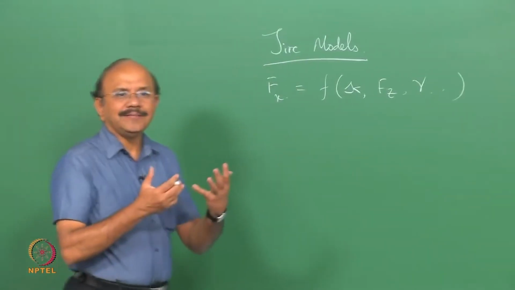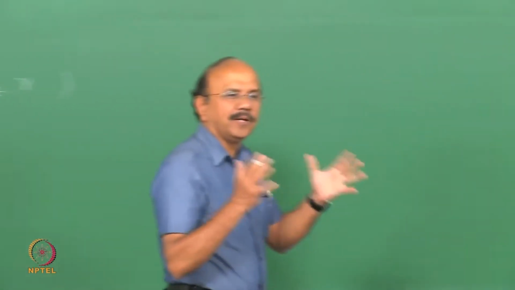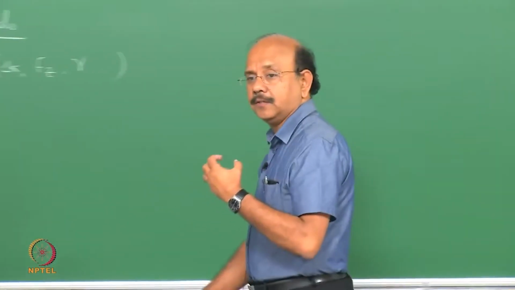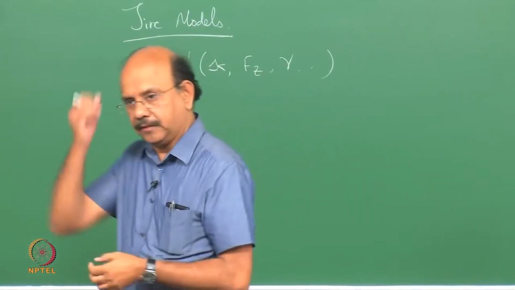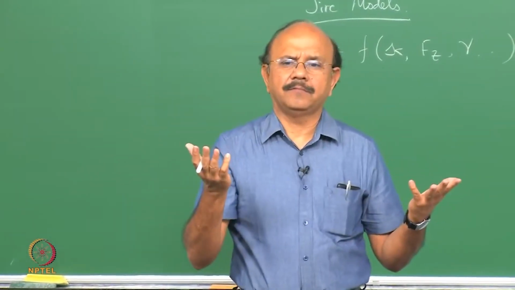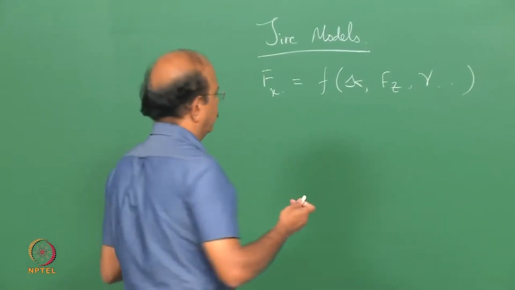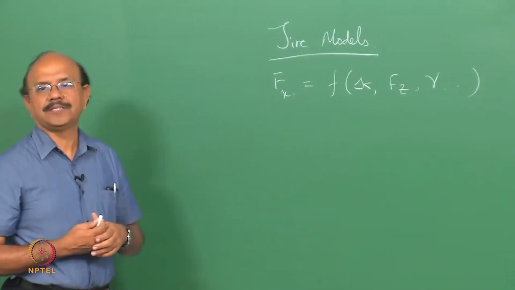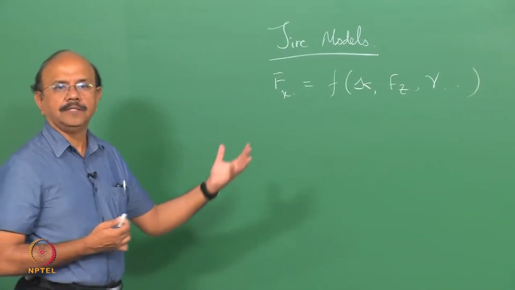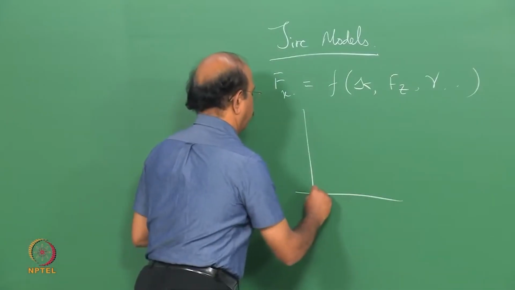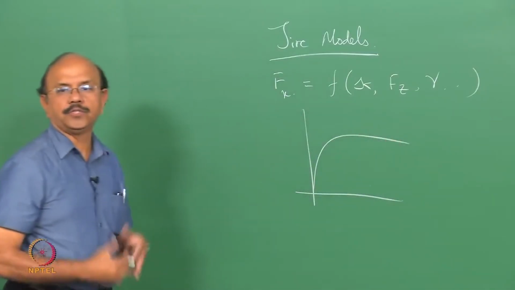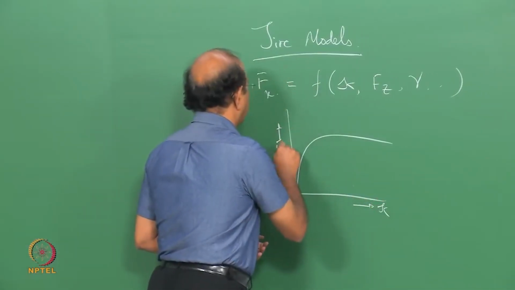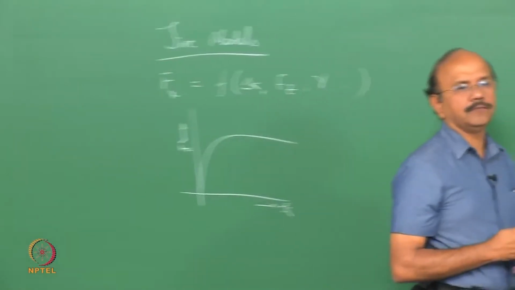Okay. So in other words, this tire model is nothing but a mathematical equation, right? There are a number of ways in which these mathematical equations are arrived at. The easiest of them is to do a curve fitting, which we would call empirical equations. For example, I can determine these curves using experiments. For example, it can be kappa versus Fx, and then fit an equation to this curve.